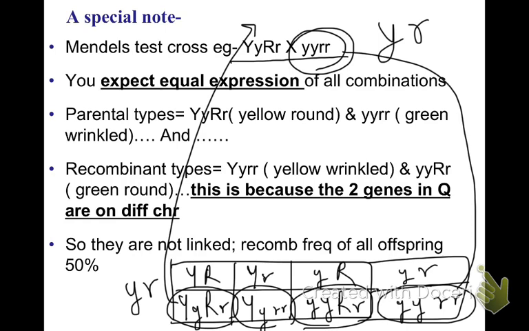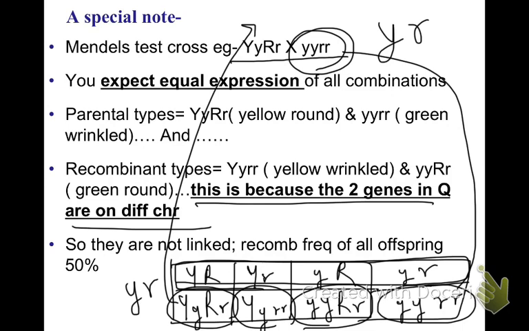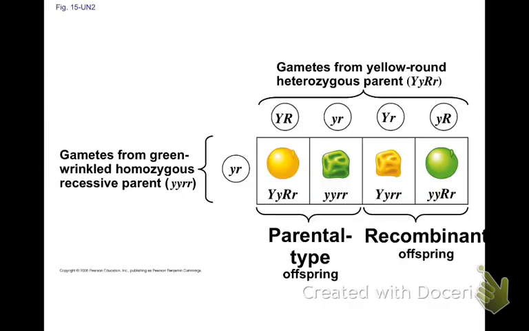All right, so now this particular distribution occurred in this fashion because the genes that we are talking about are in different chromosomes. So that is what he is talking about when he says recombinant and parental type.